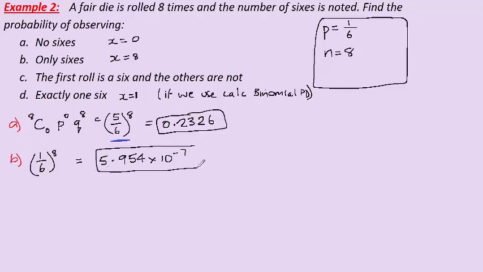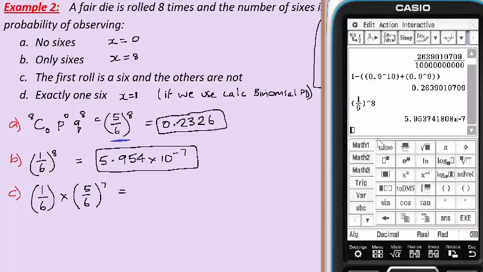Indeed, a minute possibility. The next one, the first roll is a 6 and the others are not. So what we're looking for is my first roll must be a 6. So therefore, my probability of that is 1/6. And then none of the other rolls are 6s. So out of the last 7 rolls, they're all non-6s, which has a probability of 5/6. And now I will put that into the calculator.